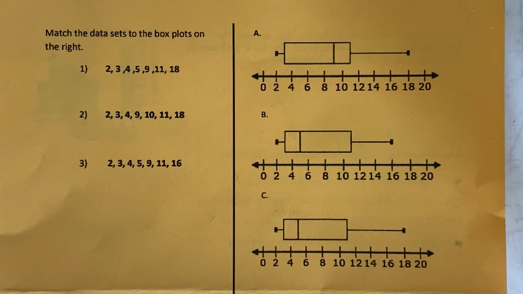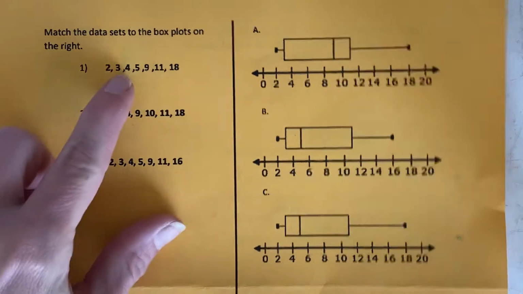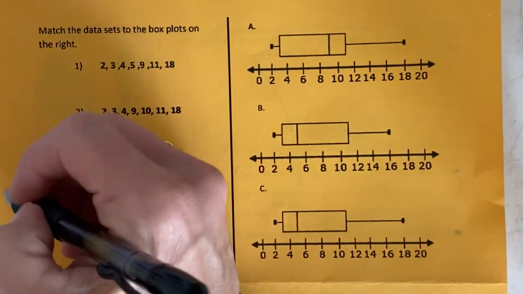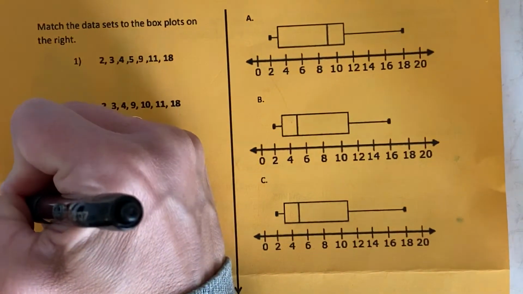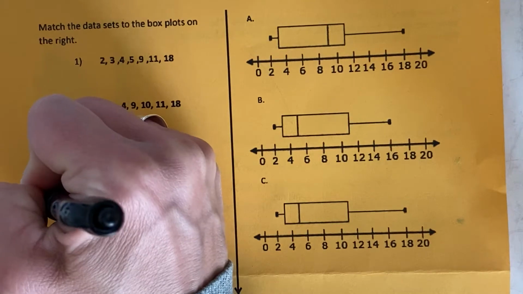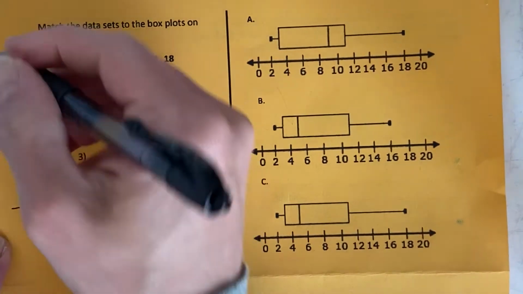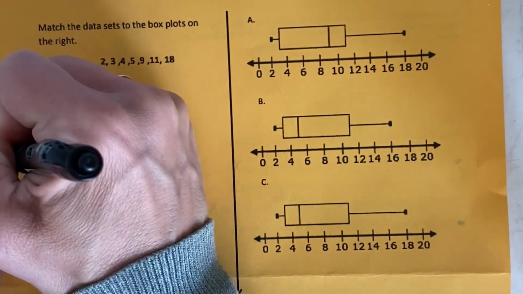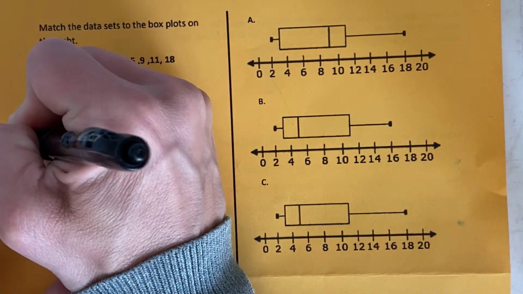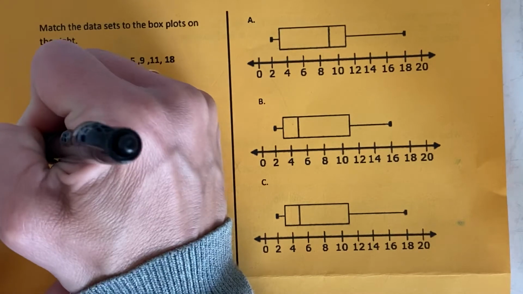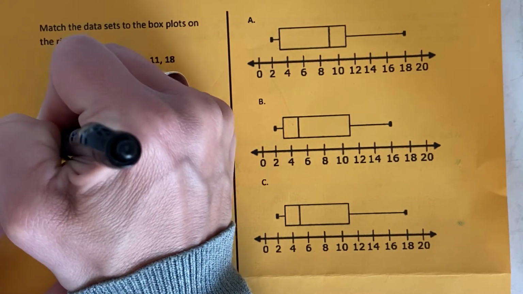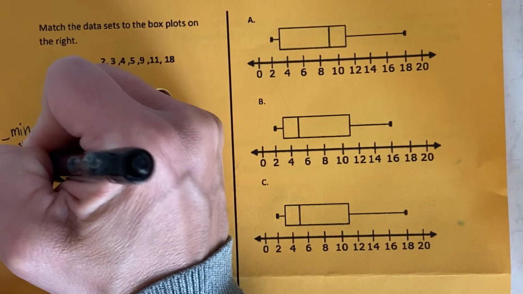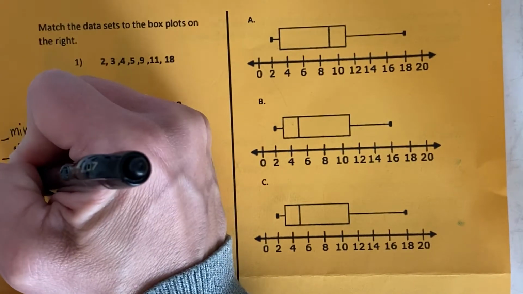I'm just going to go ahead and label each of my data sets with my 5 points. So my 5 points are going to be, and I'll write them down here: the maximum, the minimum, and then we have first quartile, median, and then we have third quartile.